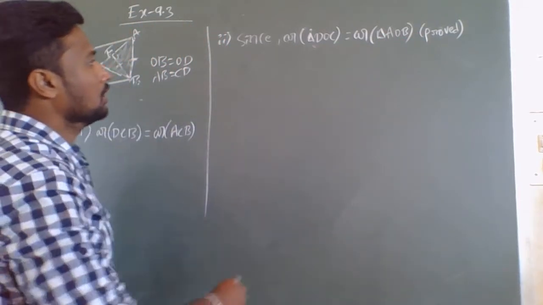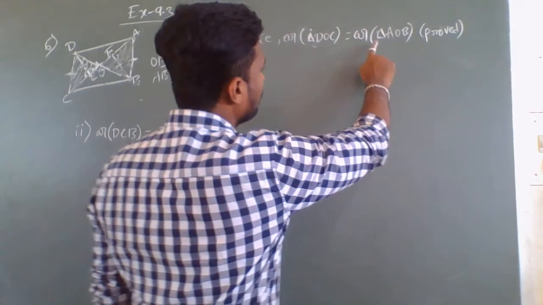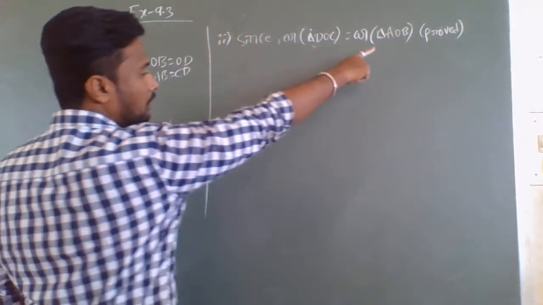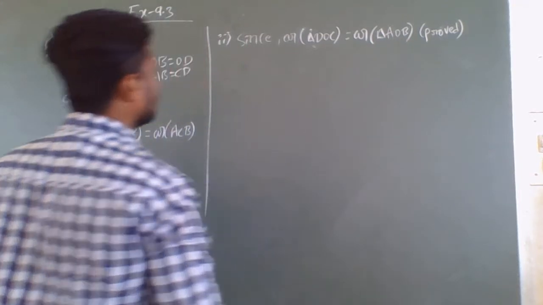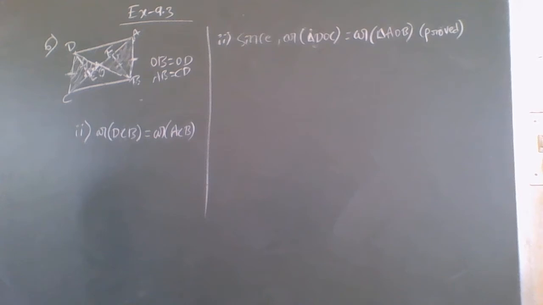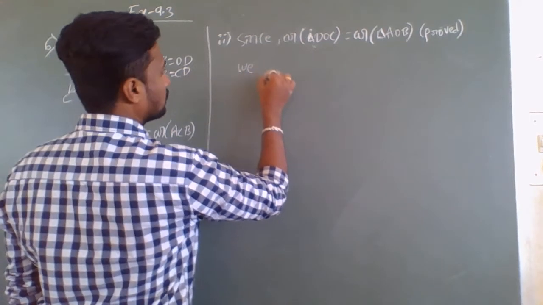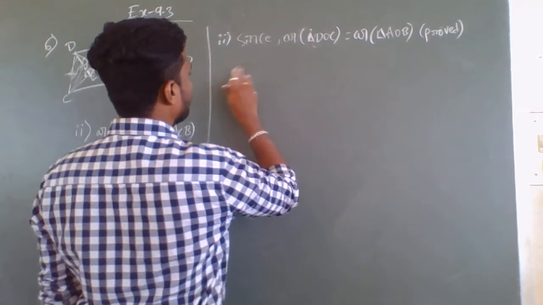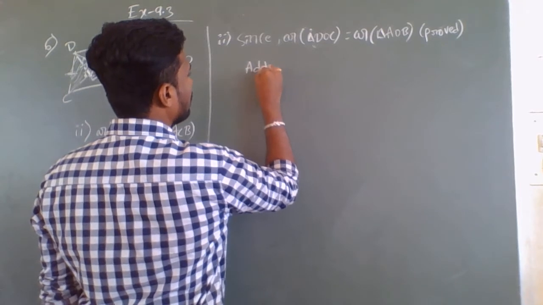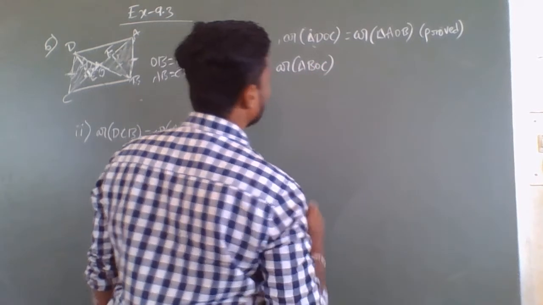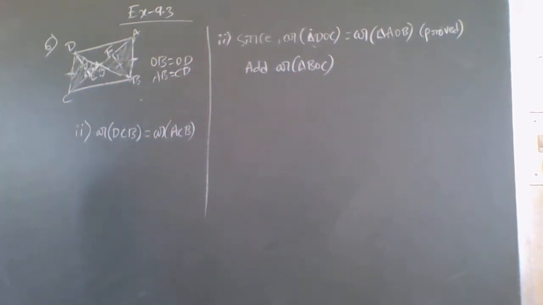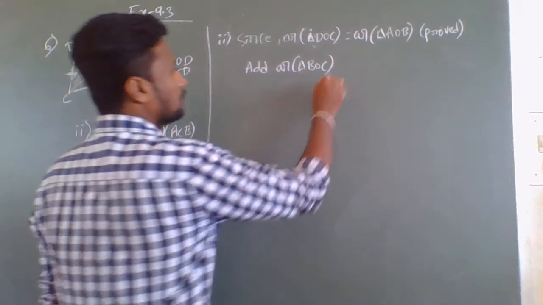So area of DOC equals area of triangle AOB. Here what we will do, we will add area of triangle BOC on both sides.